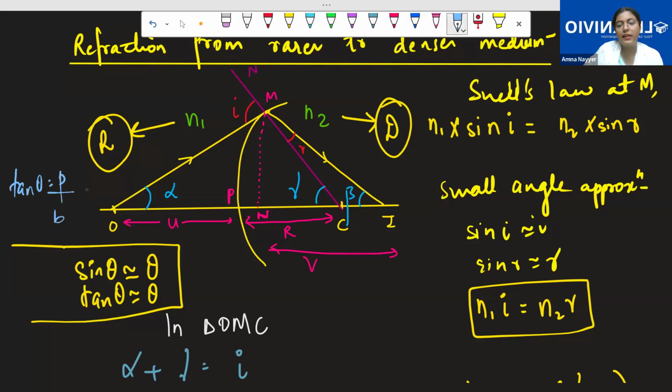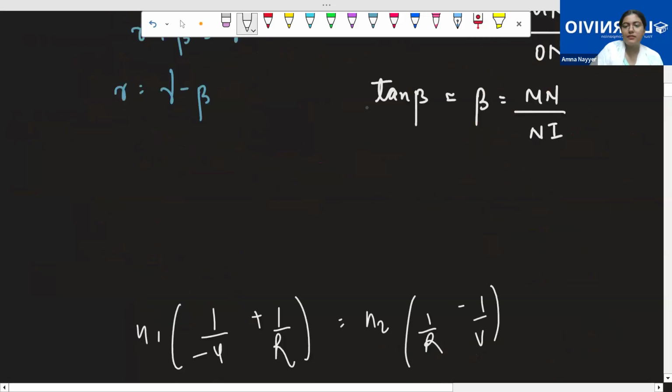So remember this, perpendicular by base. How are you taking the hypotenuse? Every time you told me MN by NO, MN by NI. So this will be MN by NC.